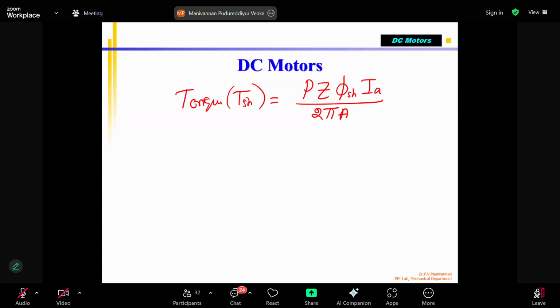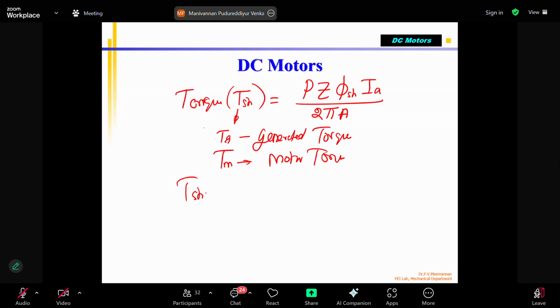In some books this is called TG, the generated torque, and in some books TG or TM, the motor torque. All are the same. Because this much torque is produced in the armature.